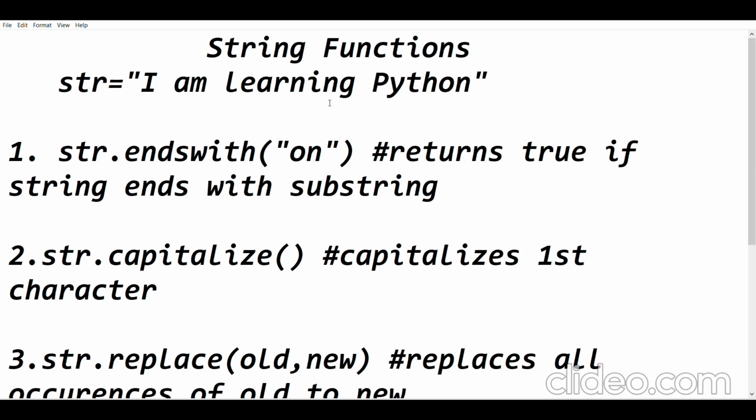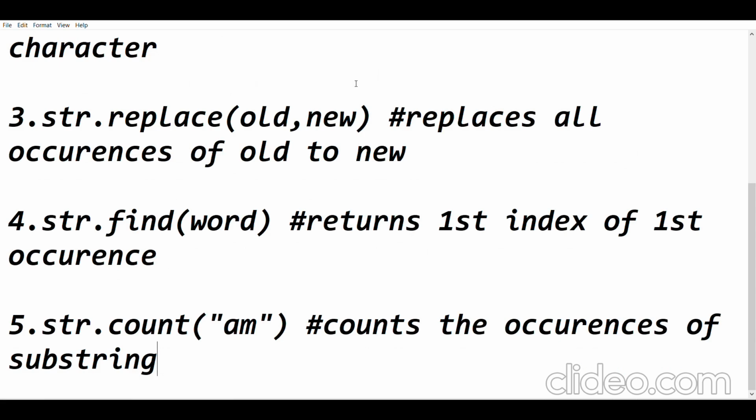Suppose I write string dot find and then inside the parentheses Python, then 0, 1, 2, 3, 4, 5, 6, 7, 8, 9, 10, 11, 12, 13, 14. The find function returns 14 because Python's first character is P and its index is 14. So it returns index 14.